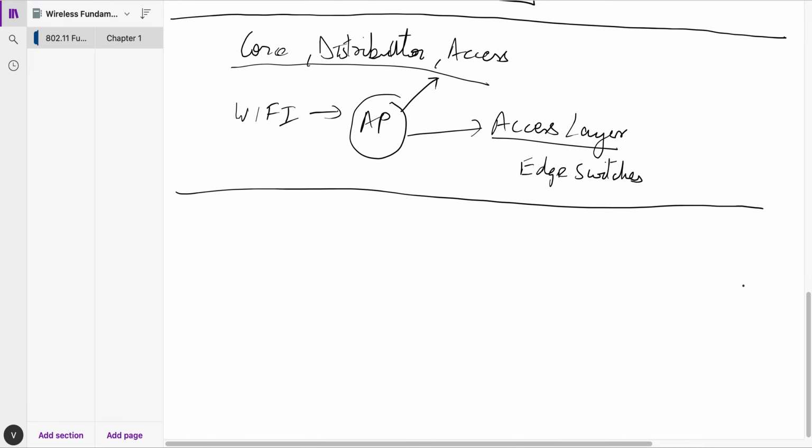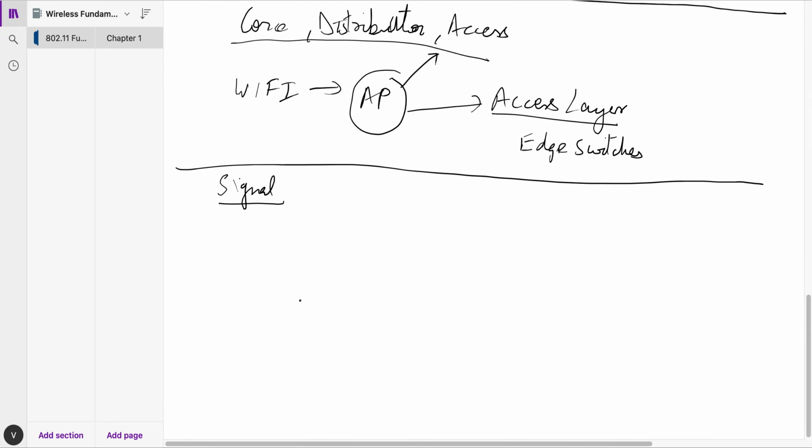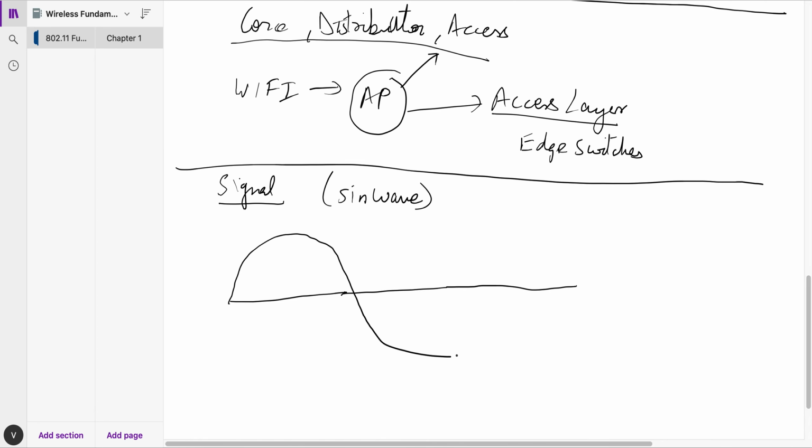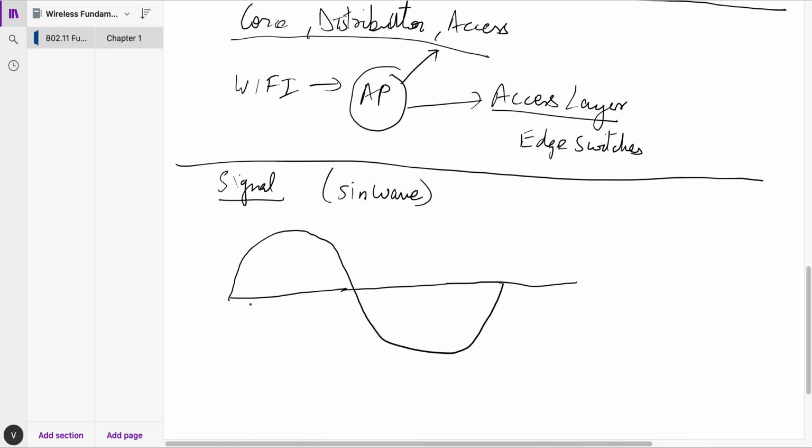So let's move on to the next concept of what a signal is. Okay, in Wi-Fi, I'm sure you remember this from your school days, what is called a sine wave. A sine wave goes like this. Okay, think of it like this. This is a transmitter, and here we have a receiver.